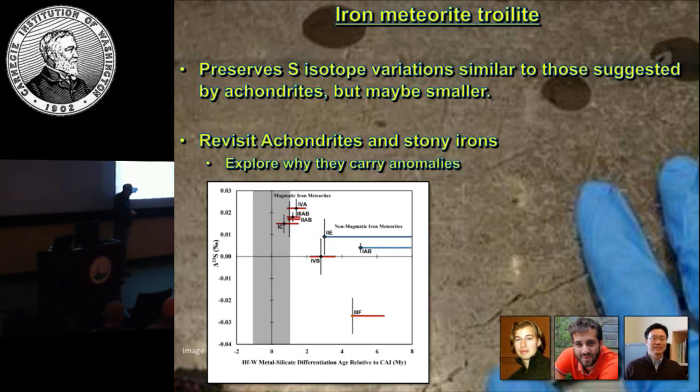And the question then is, if we look at some relationship, this is just a measure of the sulfur that was inherited by the planetesimals. It would not be processed by the segregation process. But the question is, is this relationship significant?